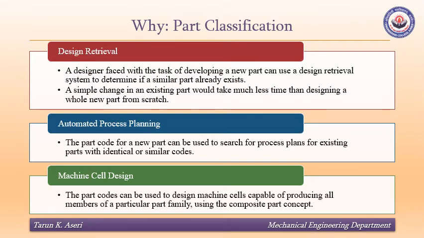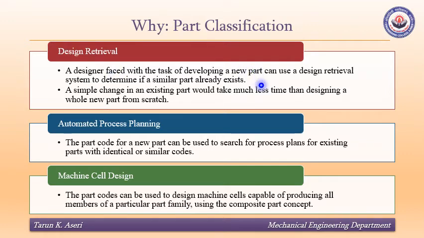So we must have an idea about the part, or a design engineer who has to draw a new part, create a new part, and create any process plan, so that a library could be created.